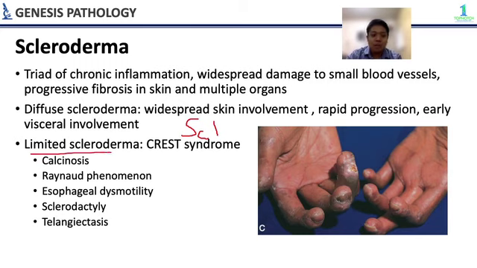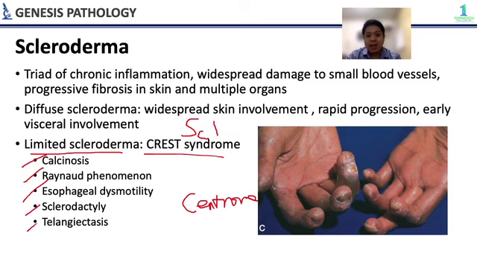Yung limited scleroderma naman, makikita siya kapag mayroong anti-centromere, okay? It's also called CREST syndrome because parang mnemonic na rin siya: Calcinosis, Raynaud phenomenon, esophageal dysmotility, sclerodactyly, and telangiectasia. Again, diffuse scleroderma anti-SCL and limited scleroderma anti-centromere.